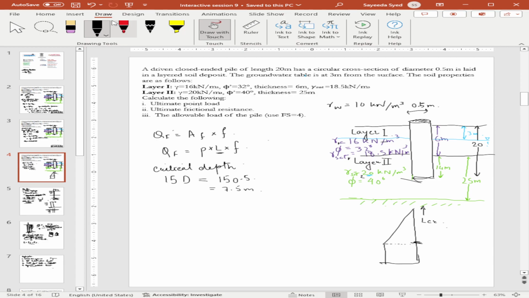Up to 7.5 meters, there will be a linear increase, and beyond that, it will remain the same. So this will be 20 minus 7.5, that is 12.5, I think. Yes, 12.5.